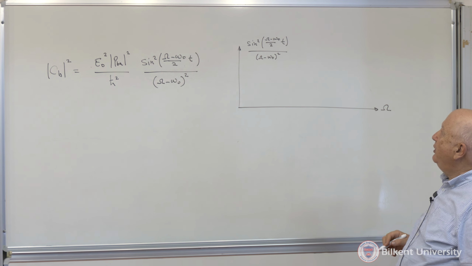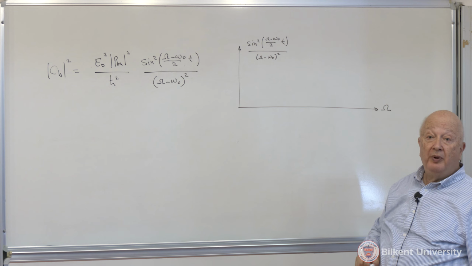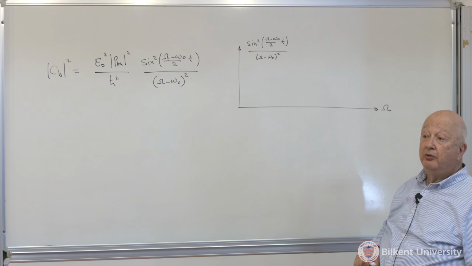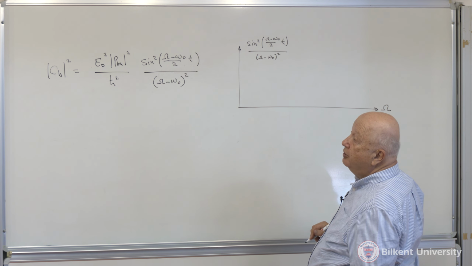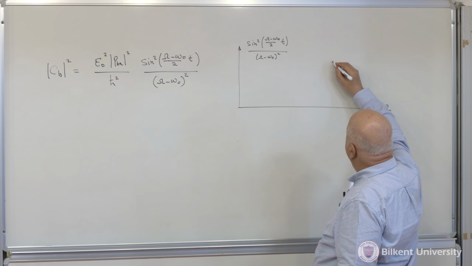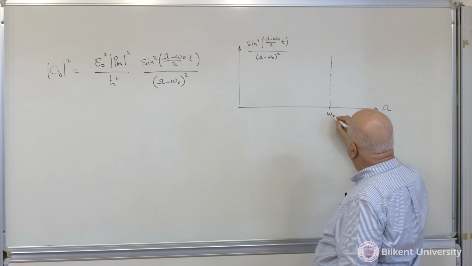You see, this is going to be small unless my omega is again around omega 0. So just like the exact solution, I am going to get a maximum when this capital omega is equal to omega 0.